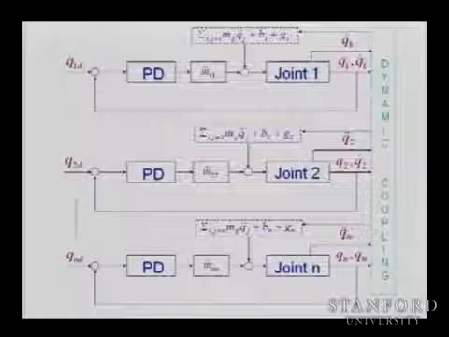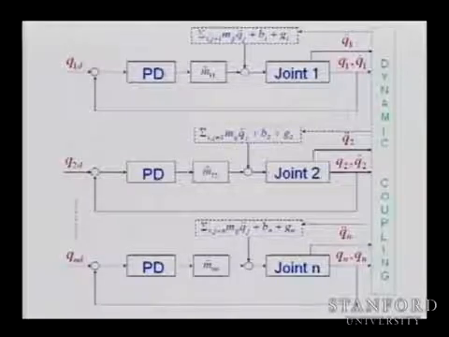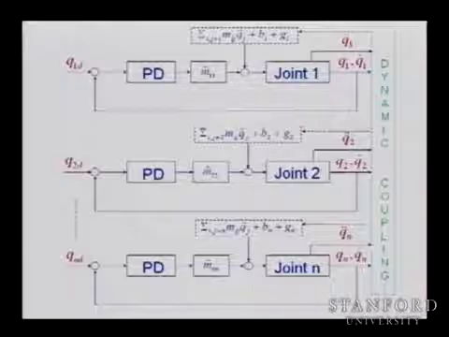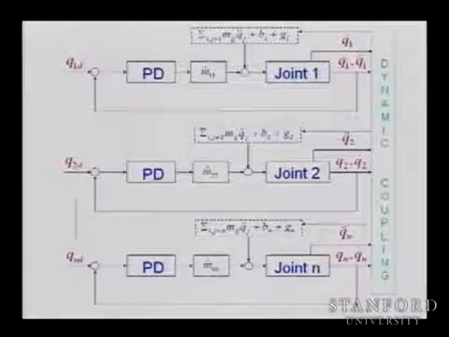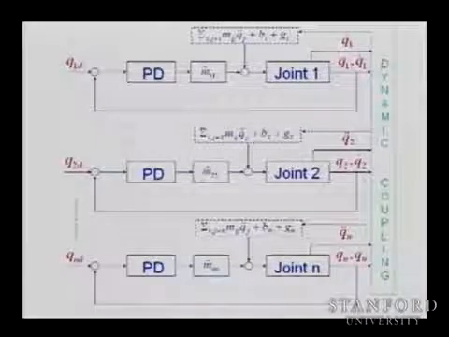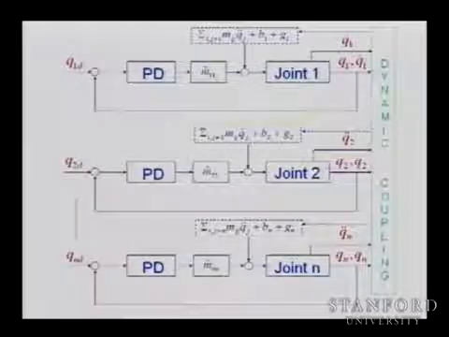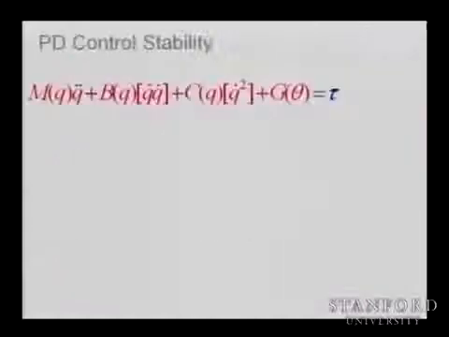Energy. So in fact, what we're going to do to prove this is to go and do an abstraction to see what kind of energy we are putting in the system and how we can show that the system is stable. In fact, in the late 70s, there were a lot of papers written about the PD control stability to prove that, yes, the system can be stable just with a PD controller.